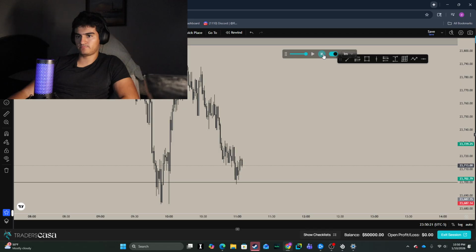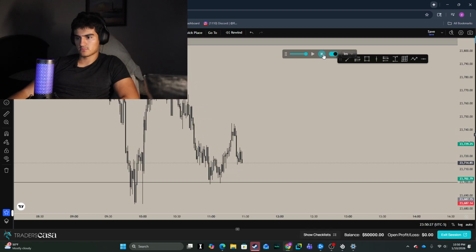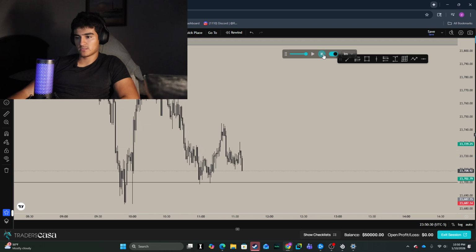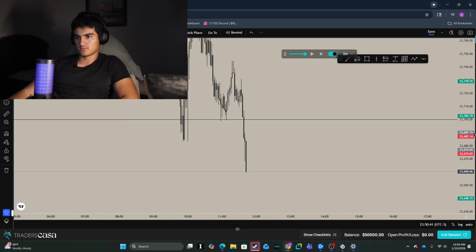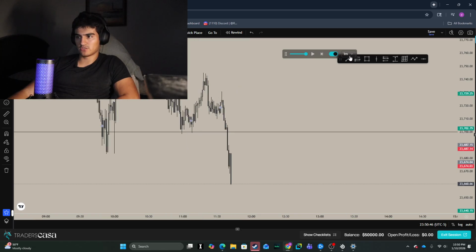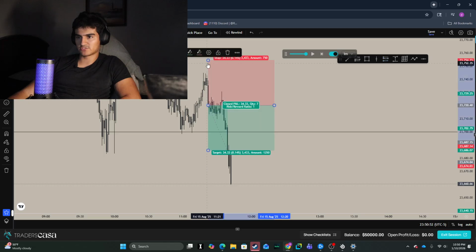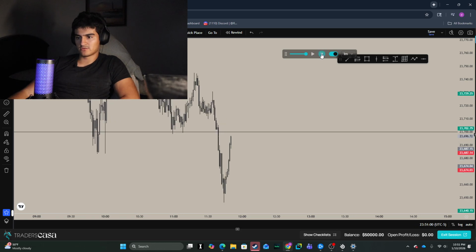Not even a short. Okay, give me a long here. Maybe. Nope. I guess you could have taken a short here out of this bunch of bullish gaps, from there to here, aiming for these lows. But I'm trying to look for a long.